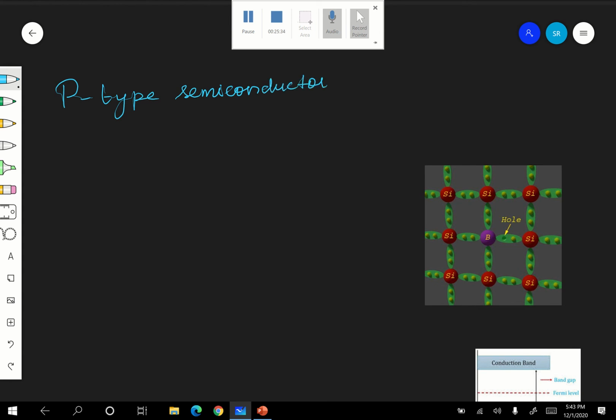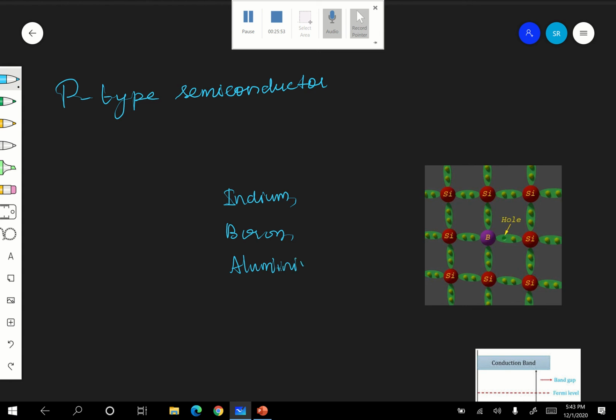Trivalent impurity means what? Indium, boron, aluminium.